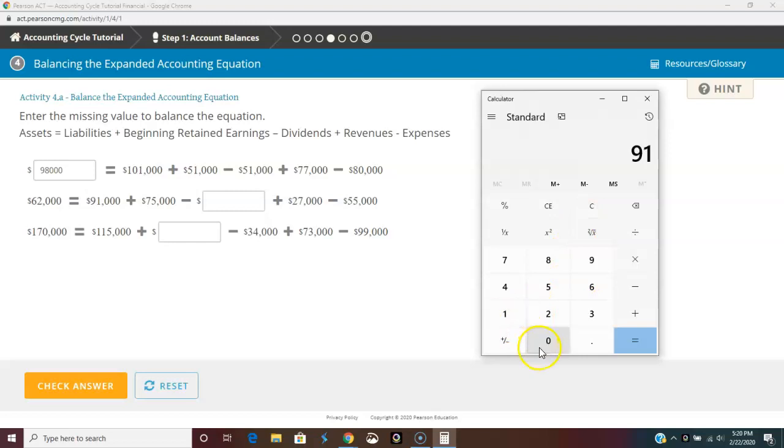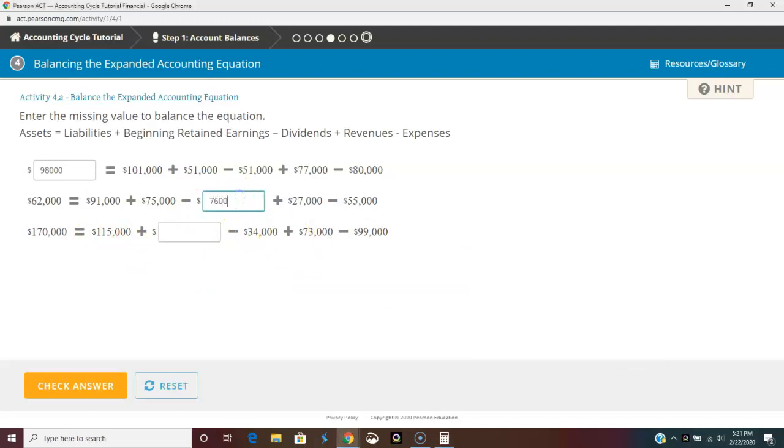I'm going to do 91 plus 75 plus 27 minus 55 equals 138 minus 62. I don't know if this is going to work. Gives me 76.